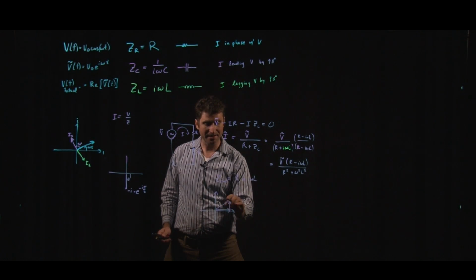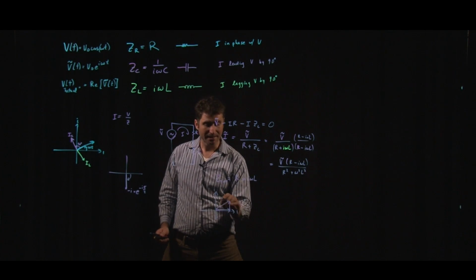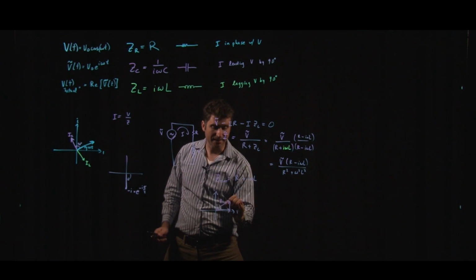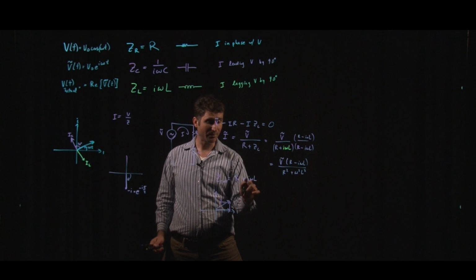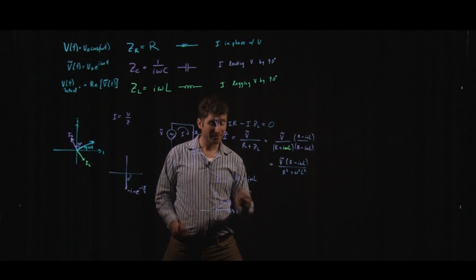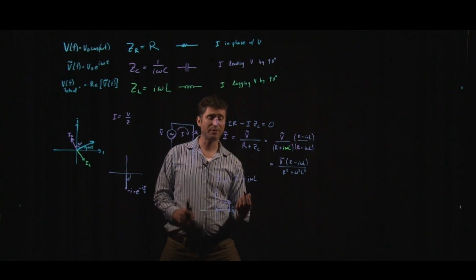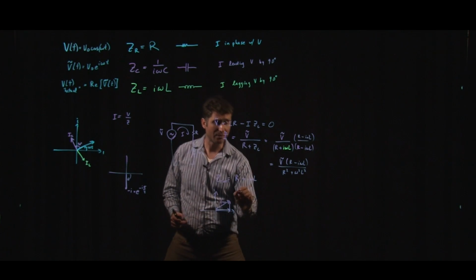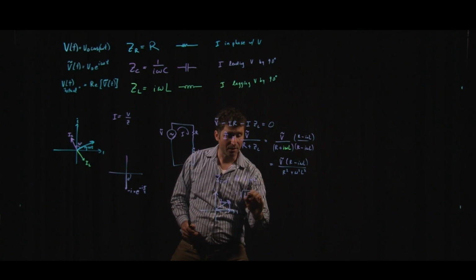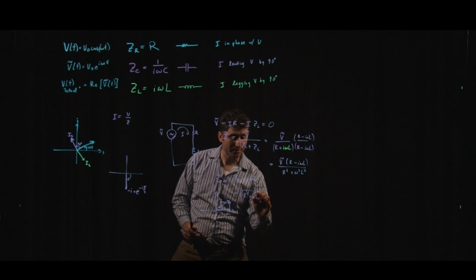So I can think of my Z total as being a vector sum of these two components, one going along the real axis and one going along the imaginary axis. Now, could I convert that into an amplitude and phase? Well, it seems like the amplitude is just equal to the square root of R squared plus omega squared L squared.